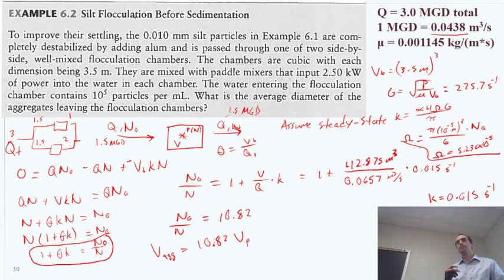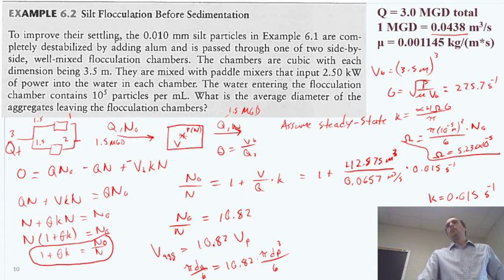That makes sense? Okay, so pi d_A cubed over 6 equals 10.82 times pi d_p cubed over 6.